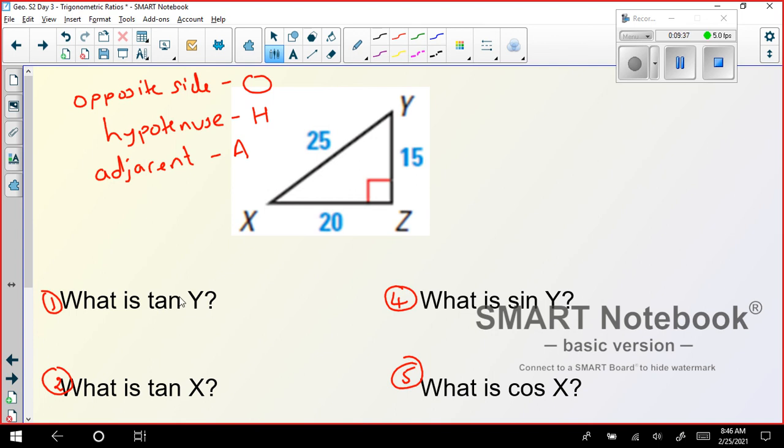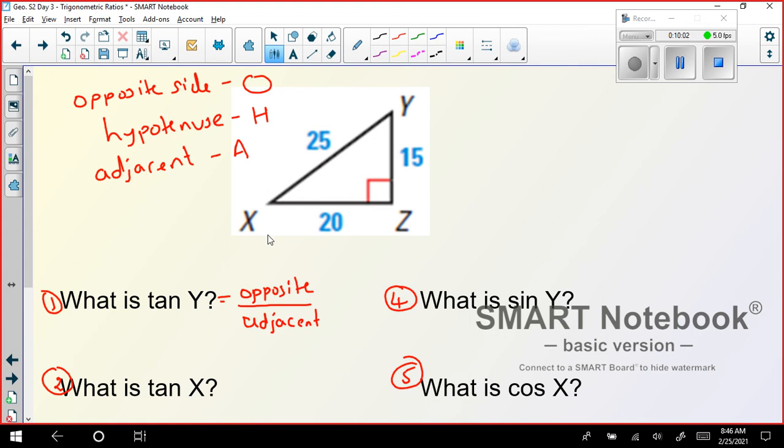What is tan Y? In the previous slide, we saw that tan Y is nothing but opposite side divided by adjacent side, opposite leg over adjacent leg.